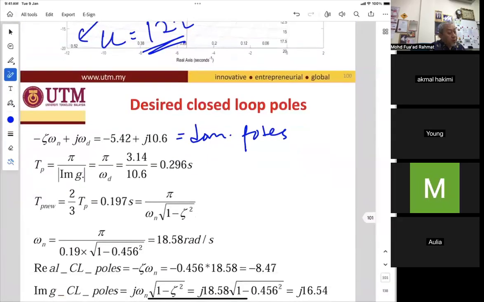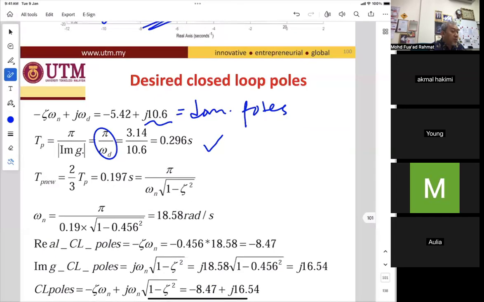And the whole peak time is calculated by pi over omega d, or pi over the modulus of the imaginary part. So the imaginary part is this one. So 10.6, 3.414 divided by 10.6, you get 0.296 second. And then for the new peak time, as I told you before, in the spec design is 2/3 of the whole peak time.